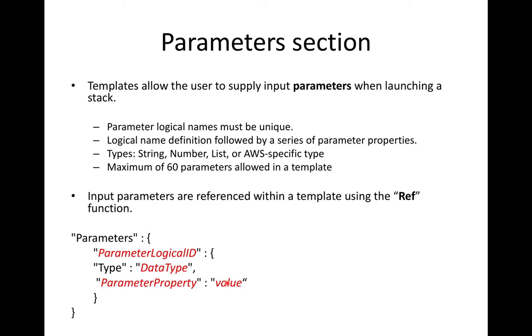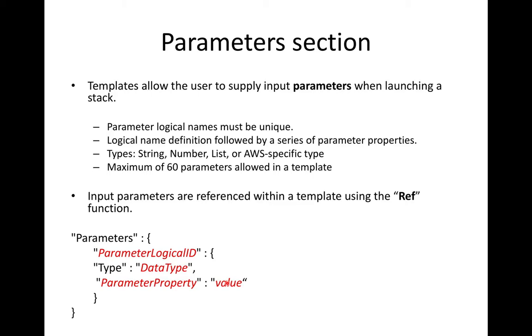Let's start with the parameters section. I mentioned earlier in the lecture that most infrastructure definition tools allow you to describe parameters for a template file. And a parameter allows you to supply input parameters into the configuration when you're launching a stack.